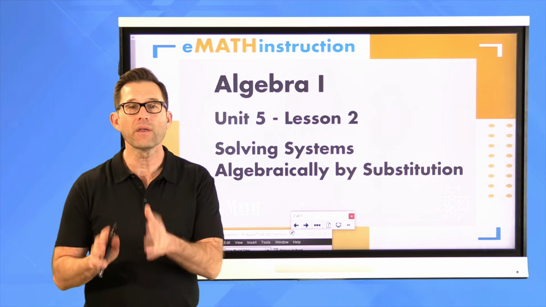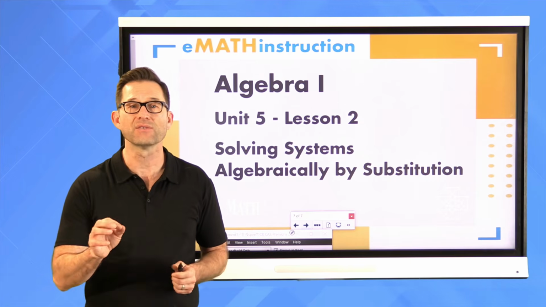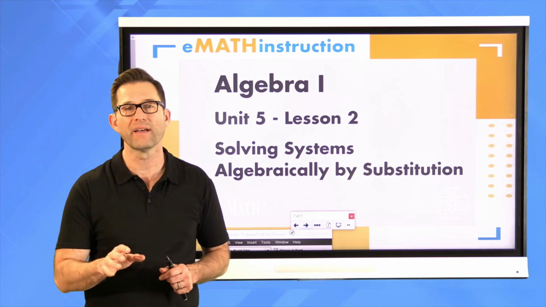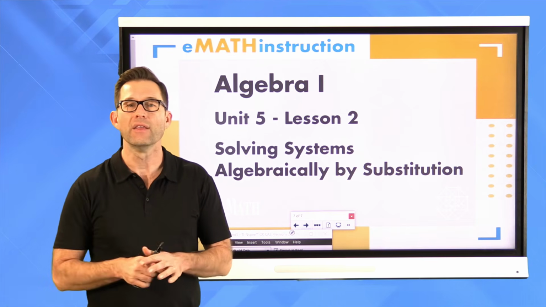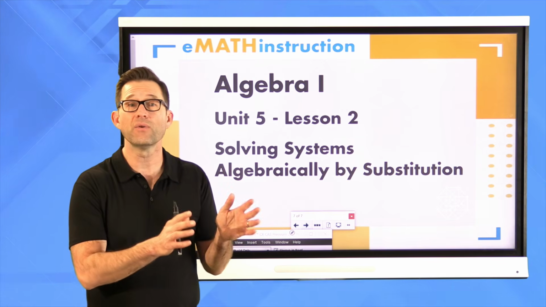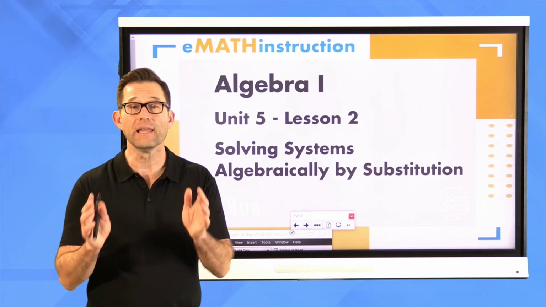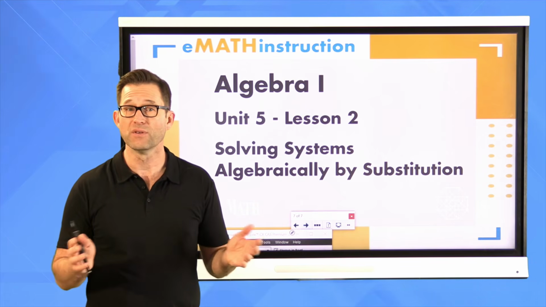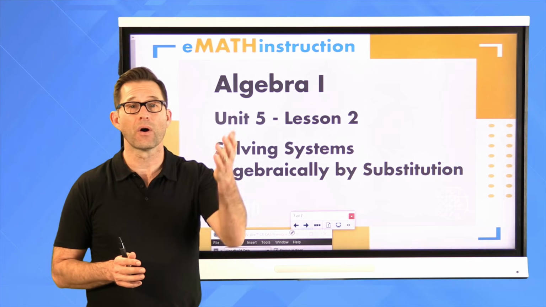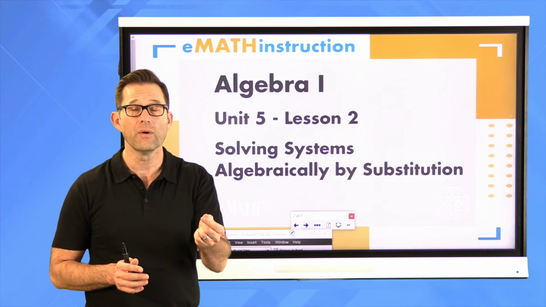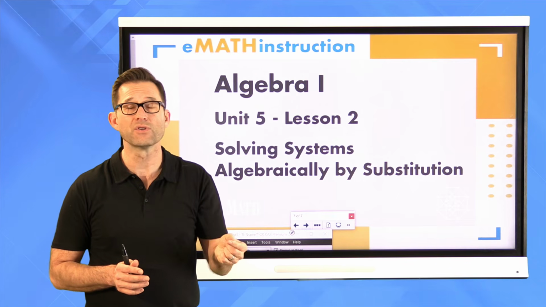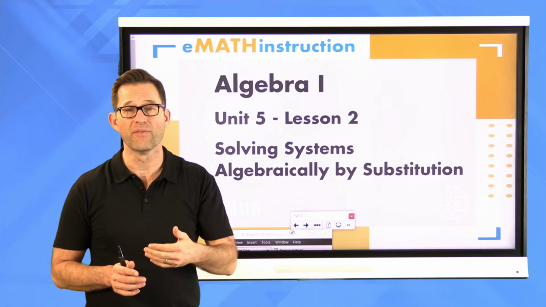And that's very convenient to do when one equation has one of the variables isolated, all by itself, y equals, x equals, n equals, whatever. And you can simply take that, substitute it into the other equation, and eliminate one of the variables. Once you've eliminated one of the variables, you can solve the resulting equation for the variable that remains, get that value, substitute it back into either of the original equations to find the value of the other variable.